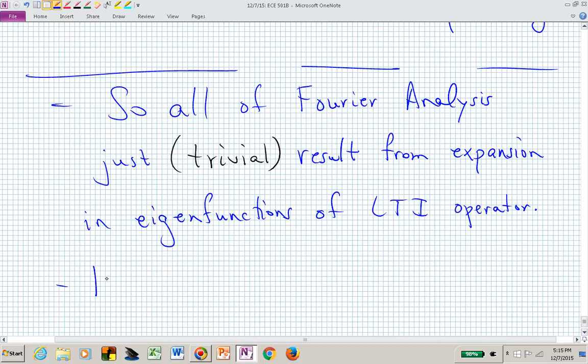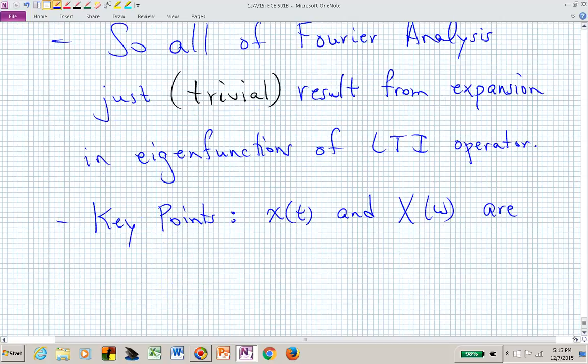And one of the key points is that x of t and capital X of omega are really just different weightings of these eigenfunctions.